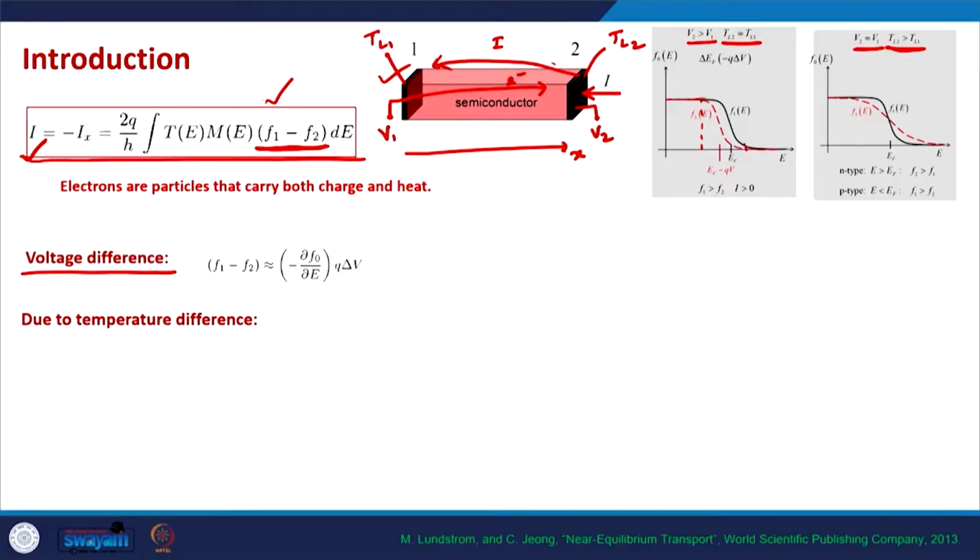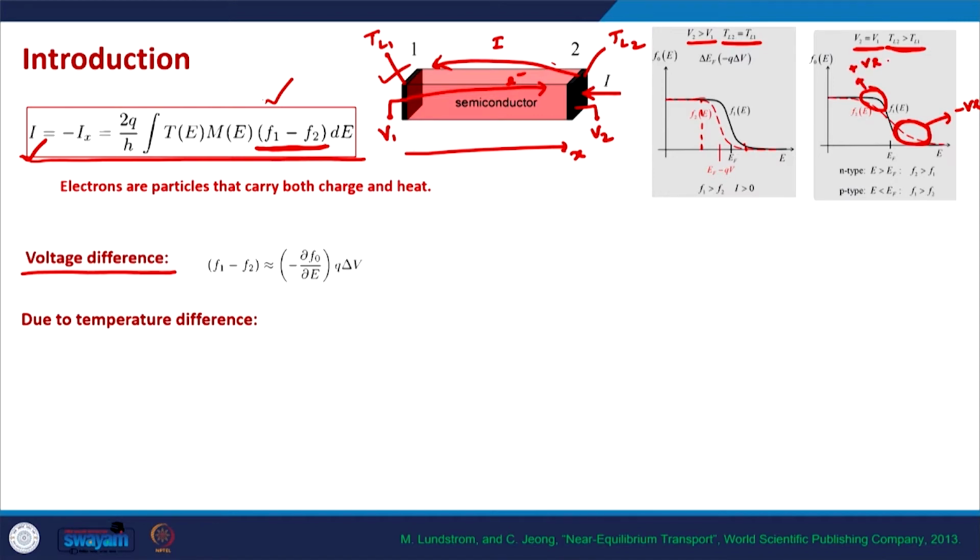It basically becomes non-zero for a wide range of energy values. So F2 becomes like this because T2 is now greater than T1, and as you can see, F1 minus F2 is non-zero. F1 minus F2 is negative above the Fermi level and positive below the Fermi level.